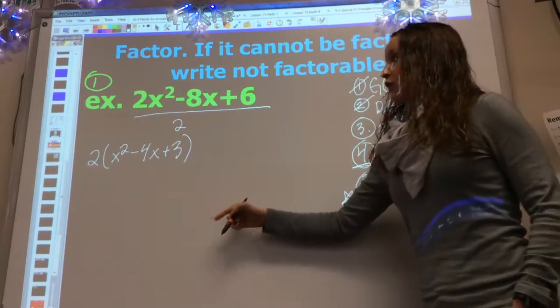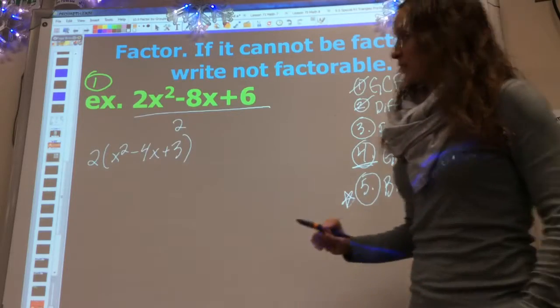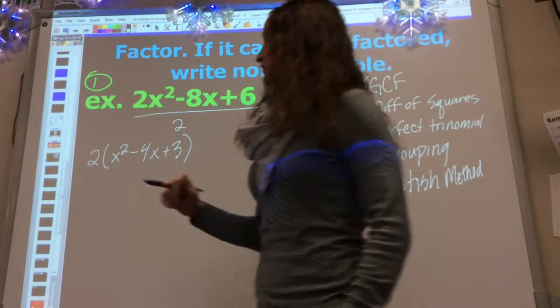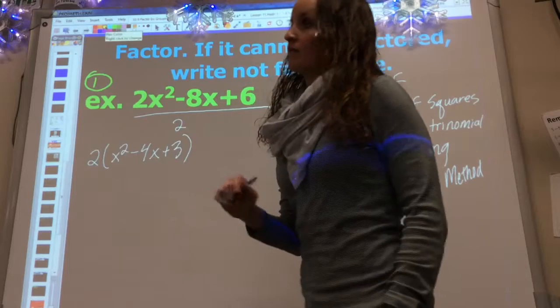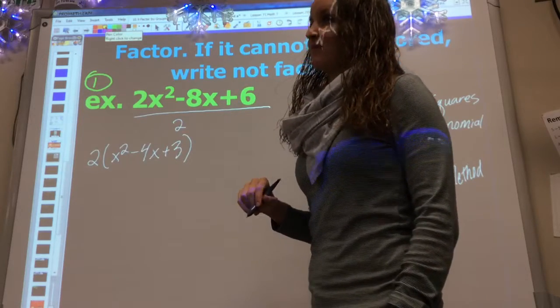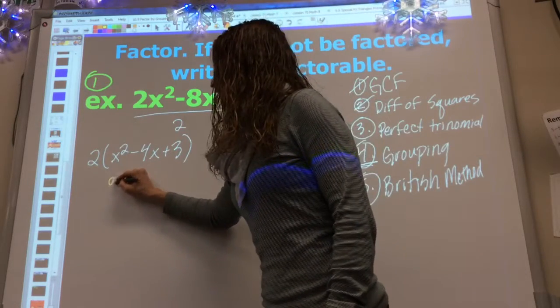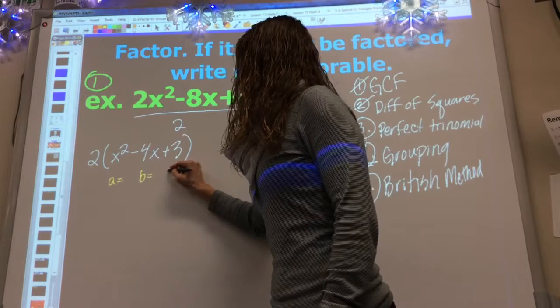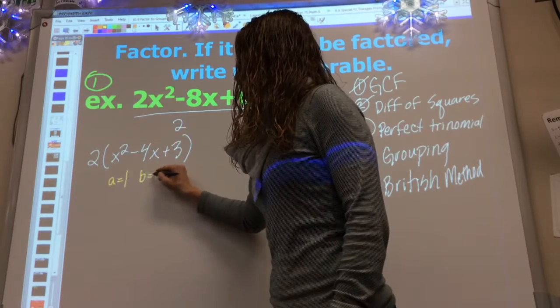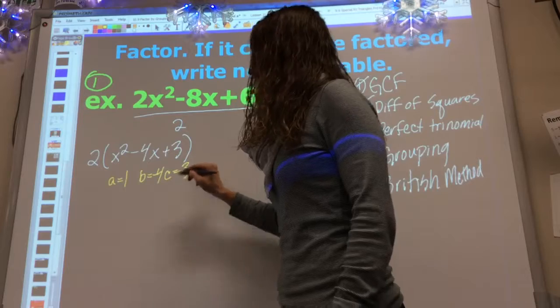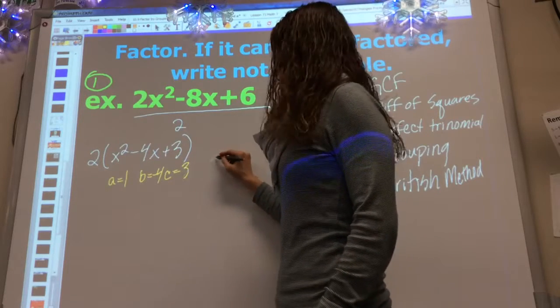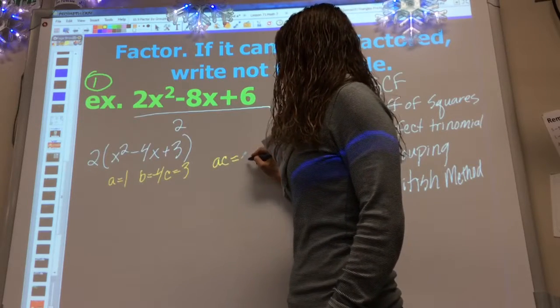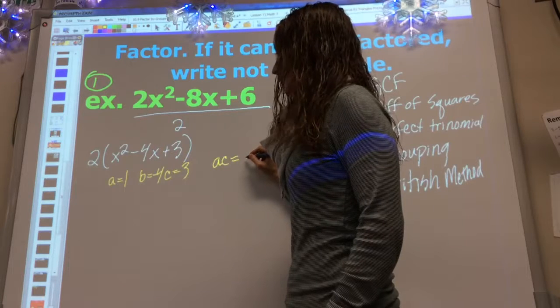We now have standard form. We went through our factoring steps. Great job. What's our next step then, Hunter? Very good. Can you just help us out? What are our A, B, and C values? 1, -4, and 3. Okay, so what is A times C going to be then, Hunter?